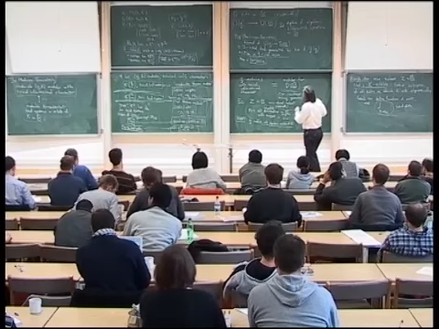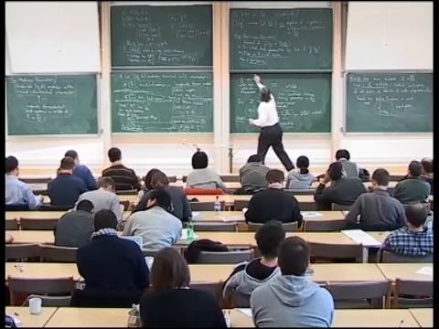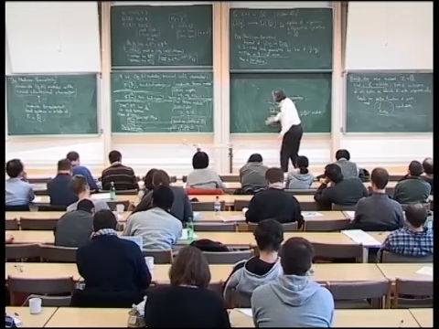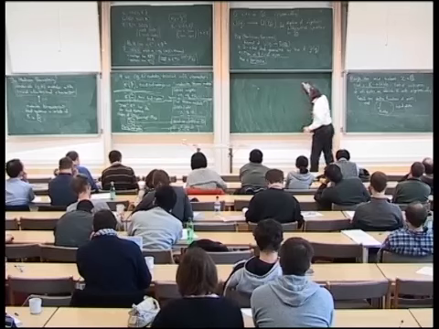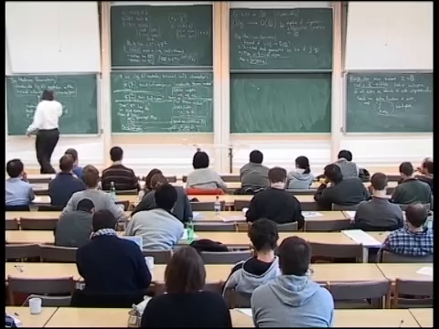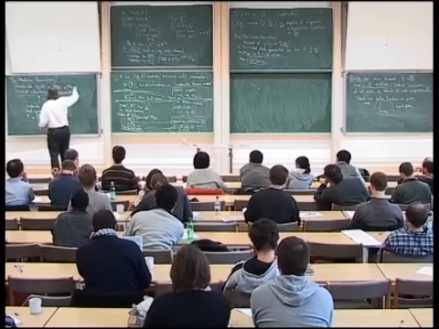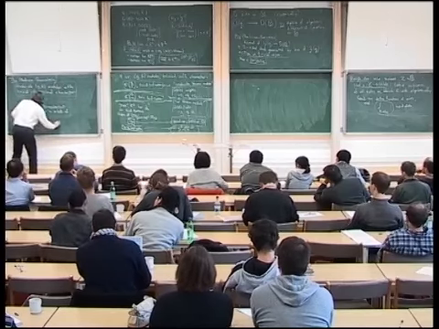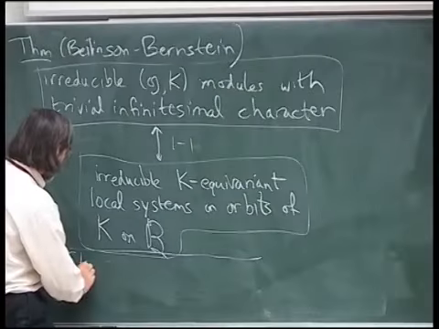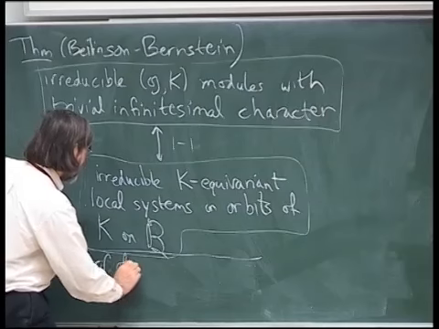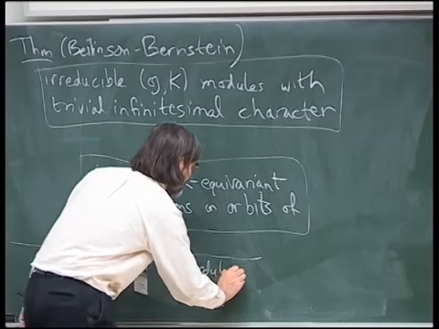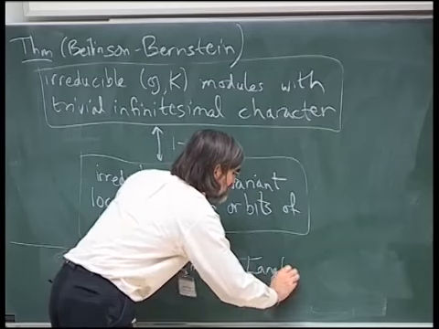Okay, so what's going on now? I should say I don't want to give inappropriate credit to Beilinson and Bernstein here. I should say that the classification of these irreducible GK modules is due to Langlands in 1967.